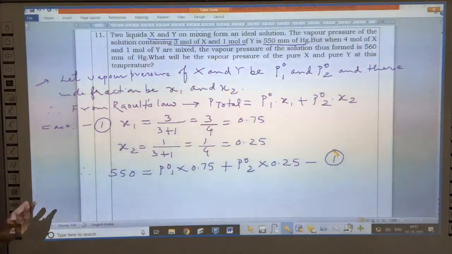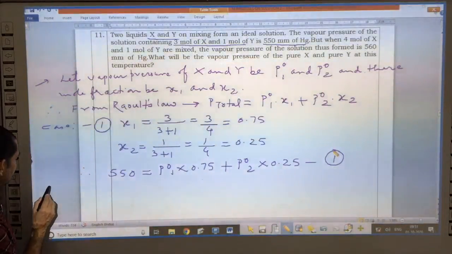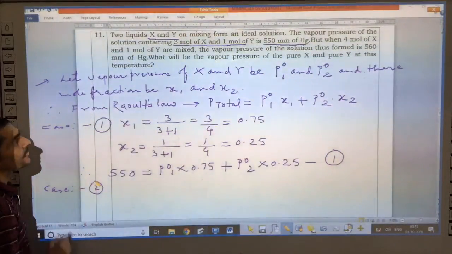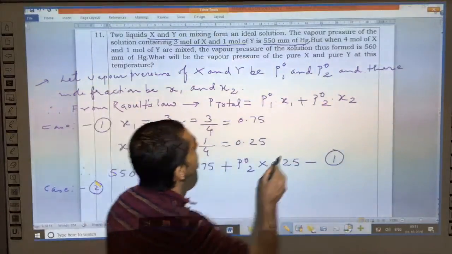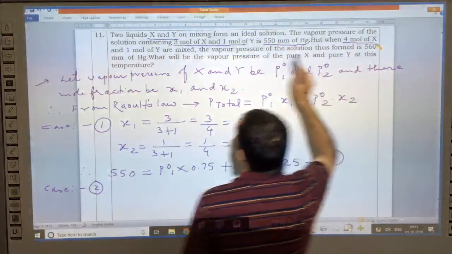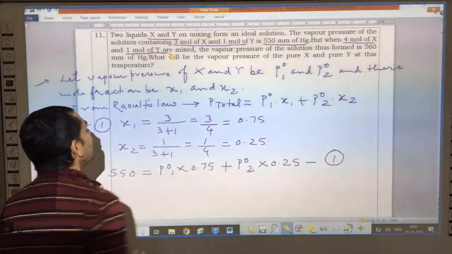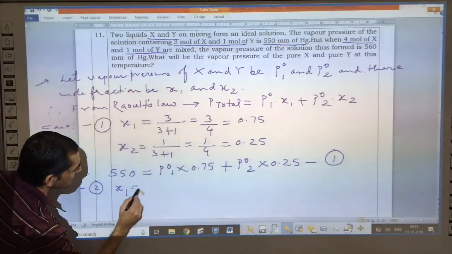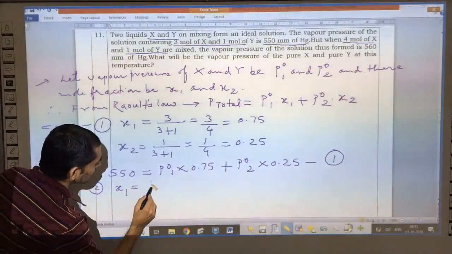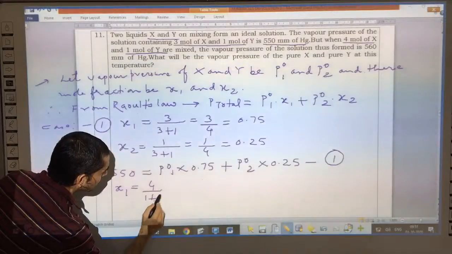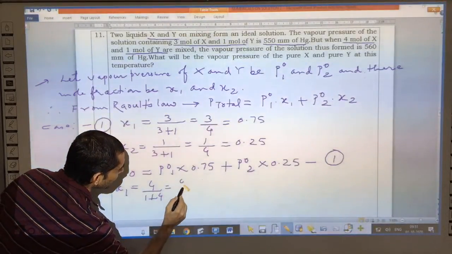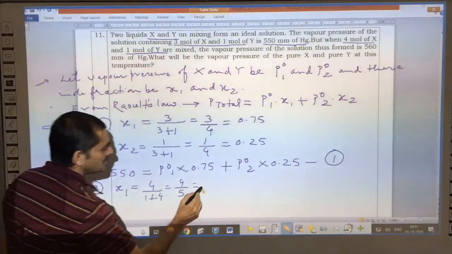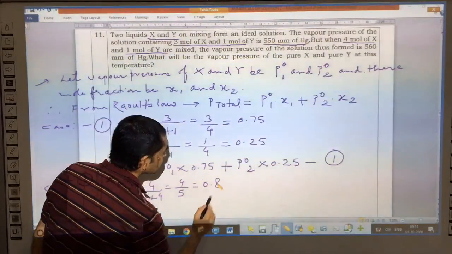Similarly, you frame another equation for case 2. Let us see what is coming for case 2. What was case 2? When 4 mole of X and 1 mole of Y are mixed. Here also we calculate X1, the mole fraction of component X. It is 4 upon 1 plus 4, which is 4 upon 5, and this is equal to 0.8.